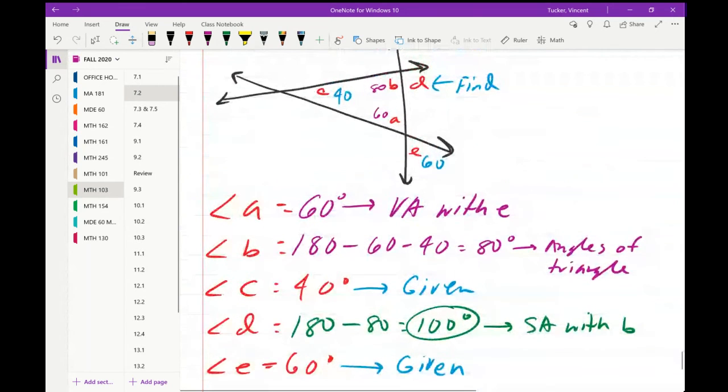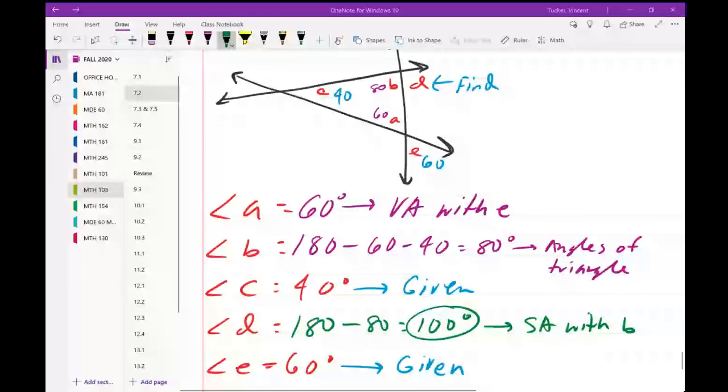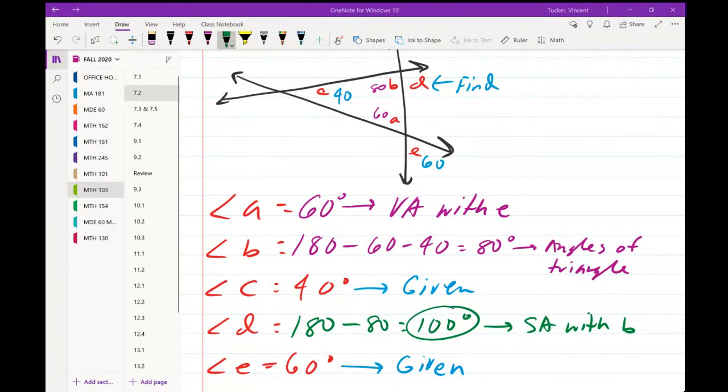And yeah, like I said, that's it for 7-1 and 7-2. Someone asked in the chat, is the homework going to look like this? It's going to be some variation of it, using these concepts, using these relationships.